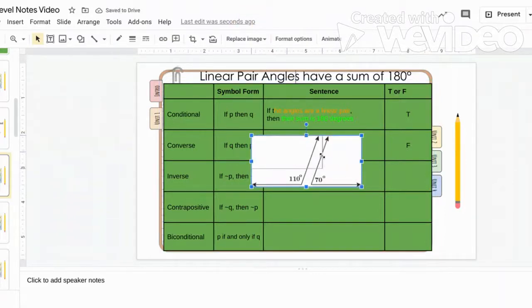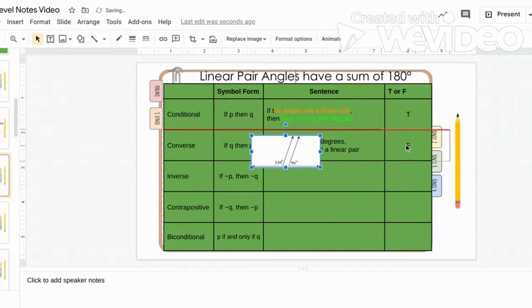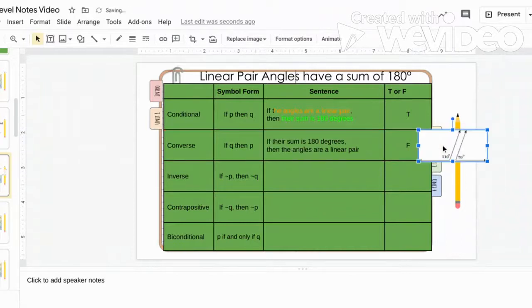Okay, this is a great image because these two angles are not making a linear pair right now because they're not adjacent. They don't share a side. But these two angles do add up to be 180 degrees. So these are non-adjacent supplementary angles. So here's your counterexample.